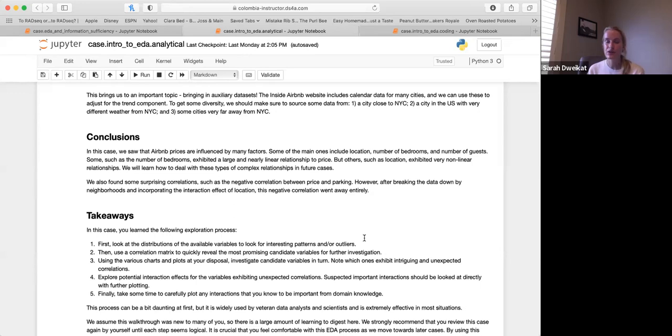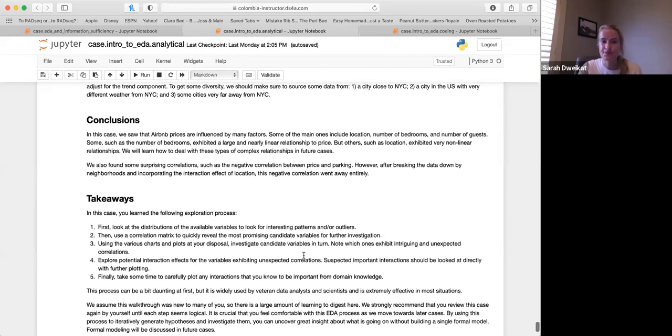So it's important when you're doing your exploratory data analysis to look at the distribution of your data, to look at those patterns, to break it down into more detail to see how those patterns change, and to look at these interaction effects, how certain variables can be responsible for the trends that you're seeing more than others.